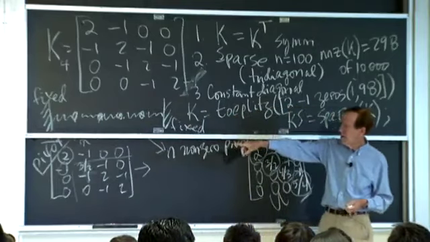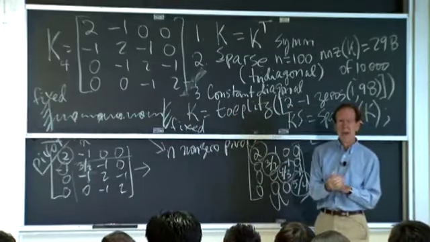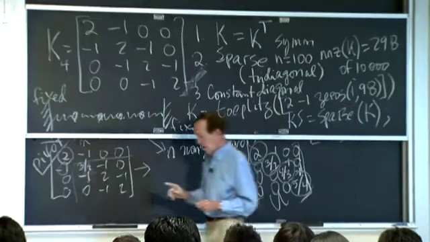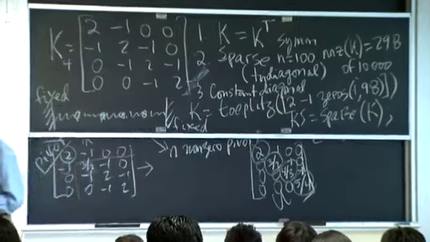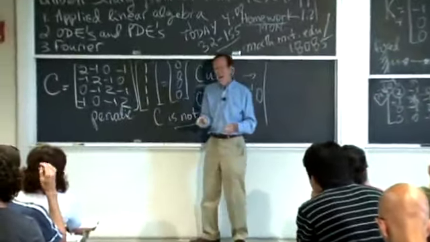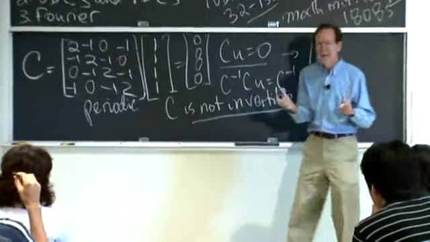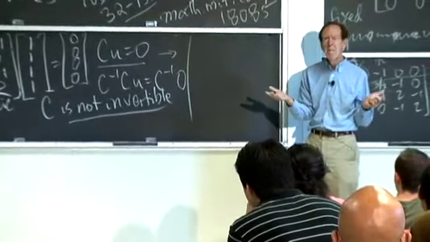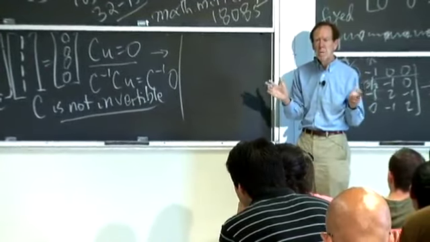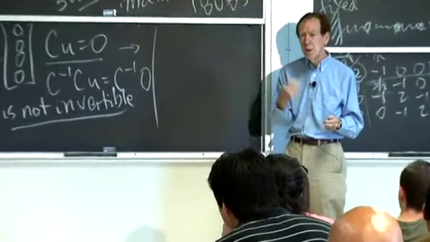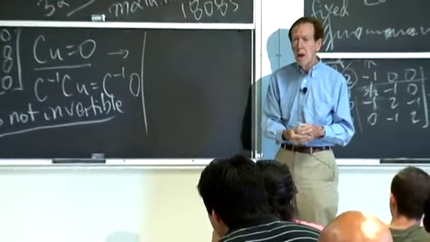Now, what's the picture that goes with C? Do you have an instinct of that? So C is periodic. So again, we got 4 masses connected by springs. But what's up with those masses to make the problem cyclic, periodic, circular, whatever word you like?